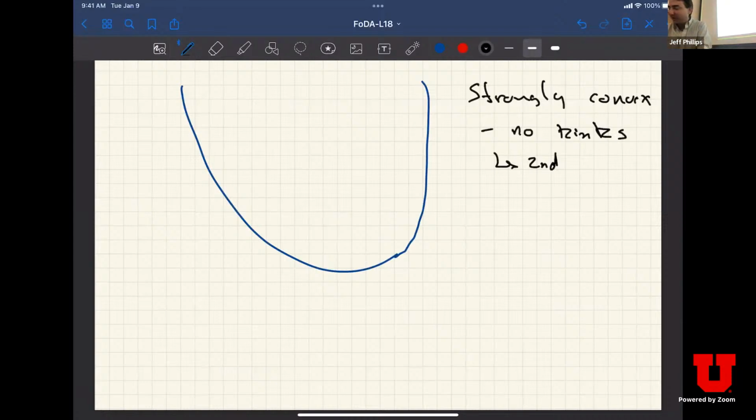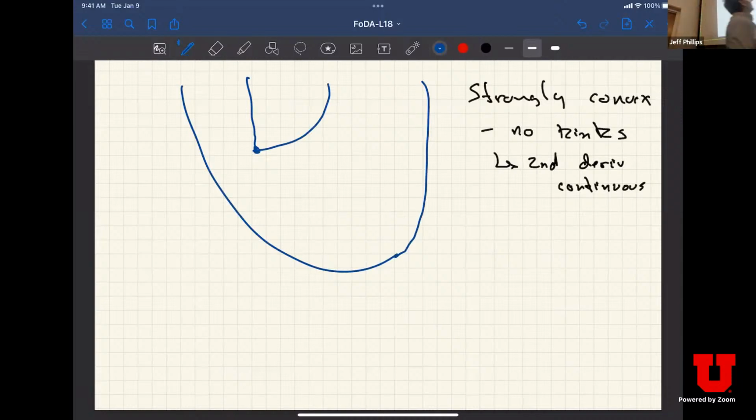Remember, I drew this function before, where the function was continuous, but the second derivative at this point is not continuous, right? The slope changes dramatically. Whereas here, aside from the wiggling of my hand drawing it, it is pretty much continuous everywhere.